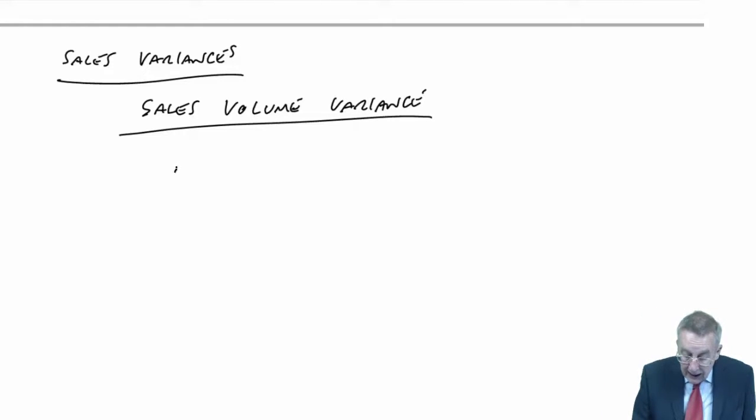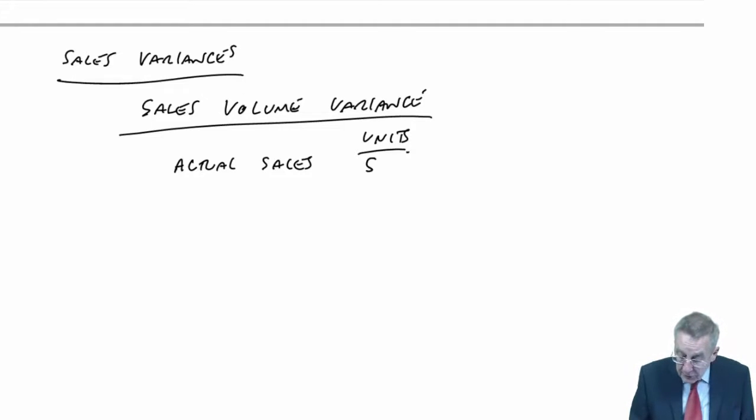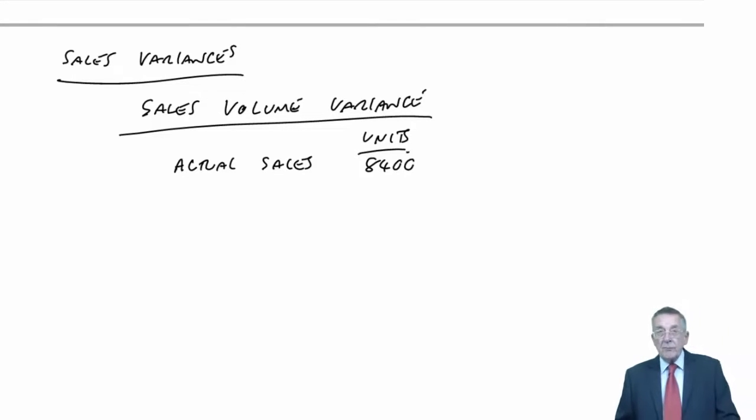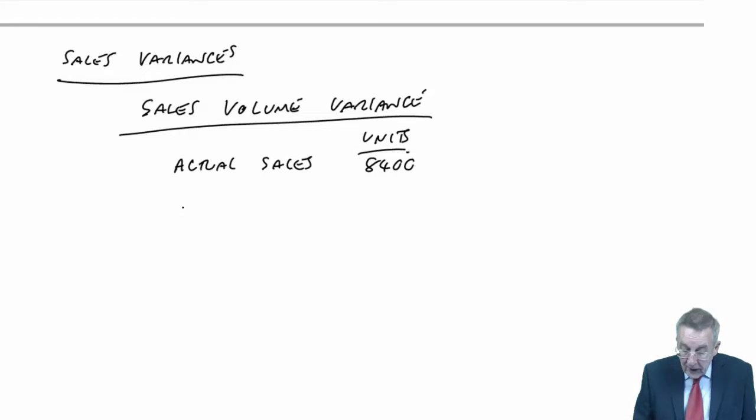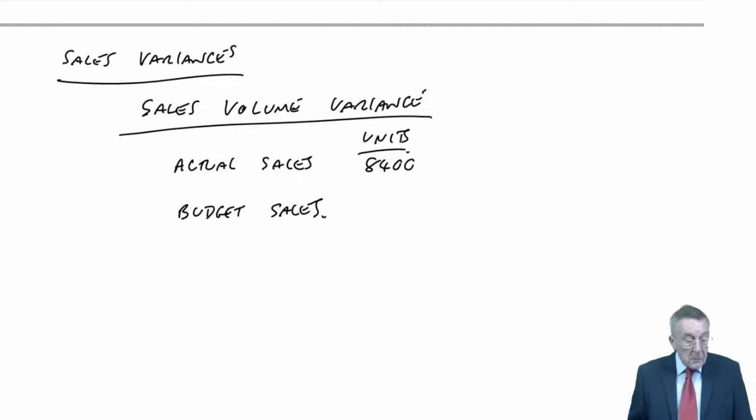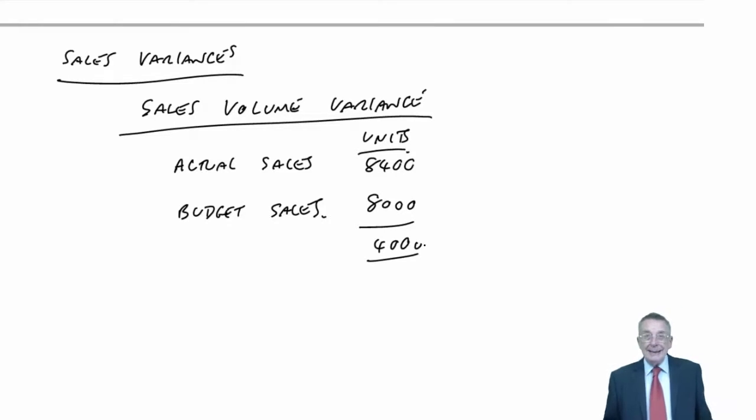We compare our actual sales, which in units were 8,400, with our budget sales. The original budget, we were budgeting on selling 8,000. So we've sold 400 more units.